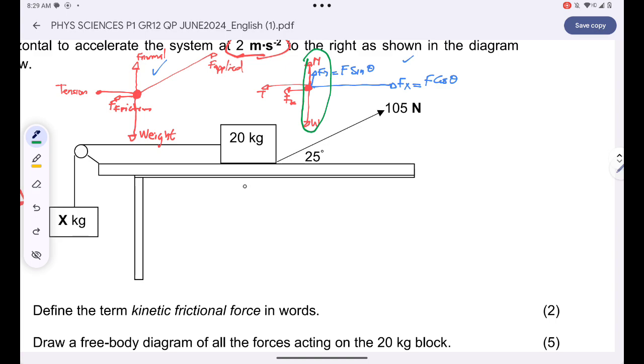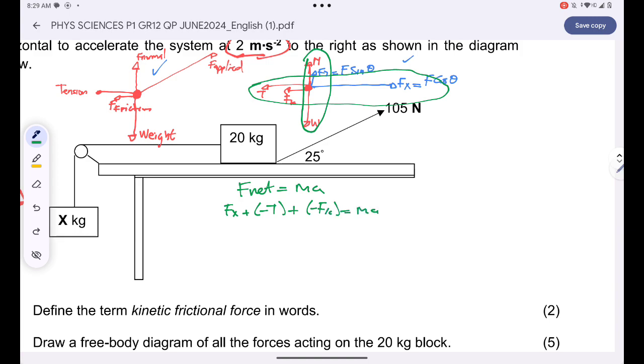I know that F net is equal to MA. I'm focusing on the horizontal forces over there since my body is accelerating horizontally. So F net is just the sum of all the forces. That's Fx plus the negative tension, and the negative kinetic friction is equal to MA.